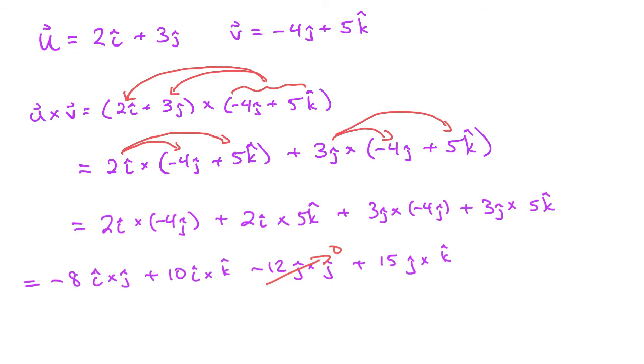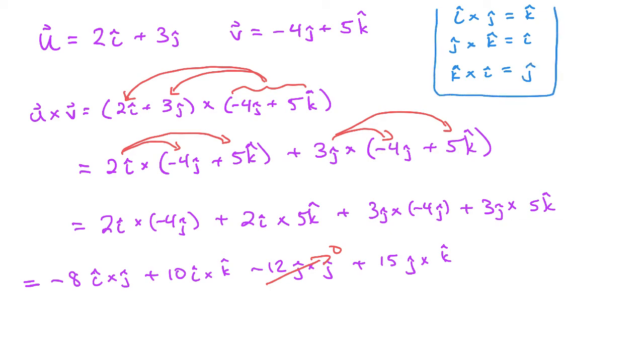Well, if we had i cross j, that was k. If we had j cross k, that was i. And then if we had k cross i, that one was j. And with these properties, if we switch any of those orders, remember that changes the sign.